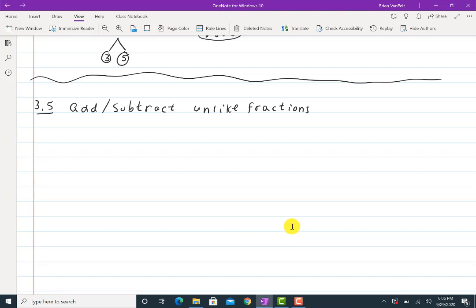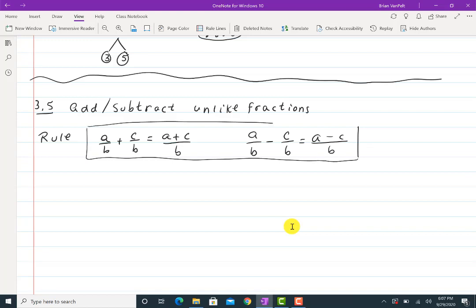So once again, let me remind you of the one rule that we have. All we have really is one rule, and it involves having common denominators.